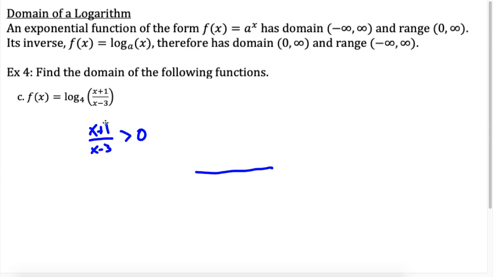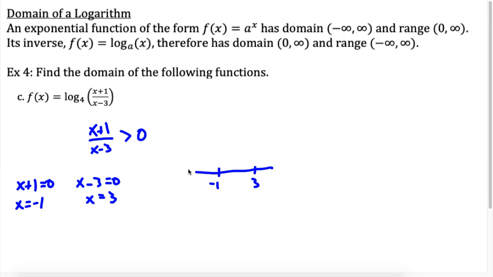To do that, anything that makes the numerator equal to 0 and anything that makes the denominator equal to 0 are going to be values on my sign chart. If I set the numerator equal to 0, that gets me negative 1. If I set the denominator equal to 0, that gets me positive 3. Those are the 2 values that go on my sign chart.